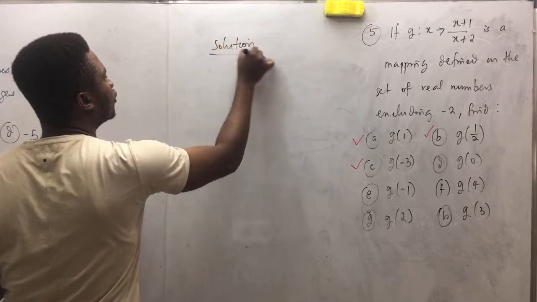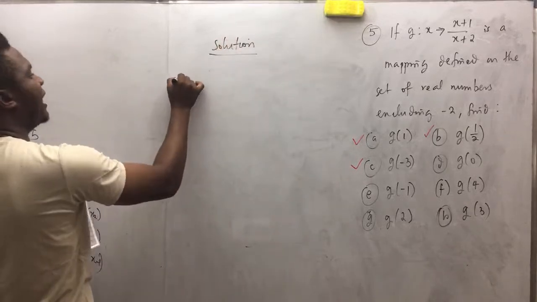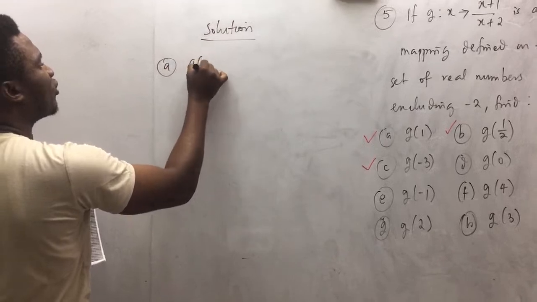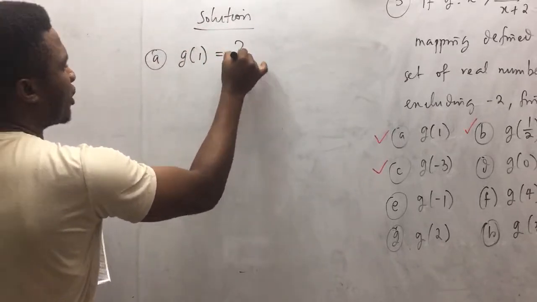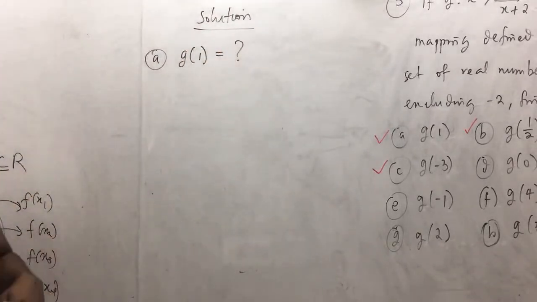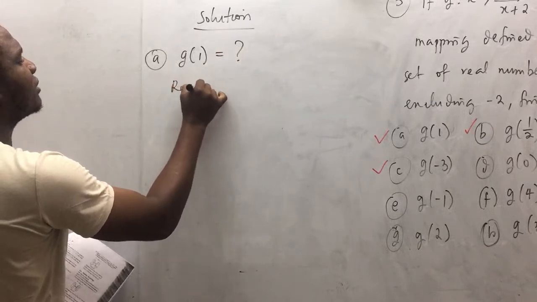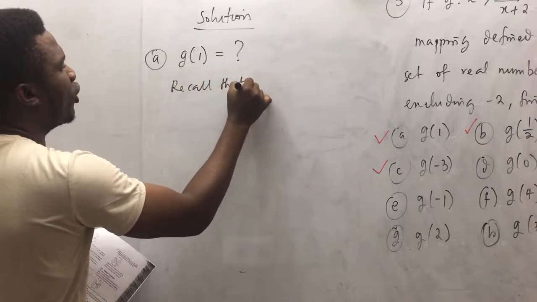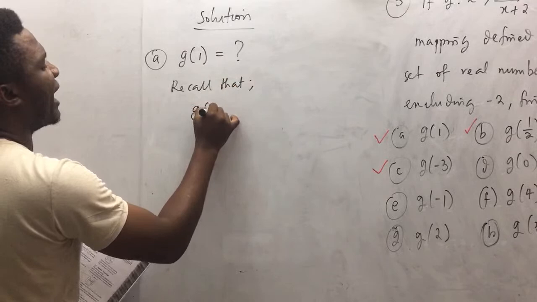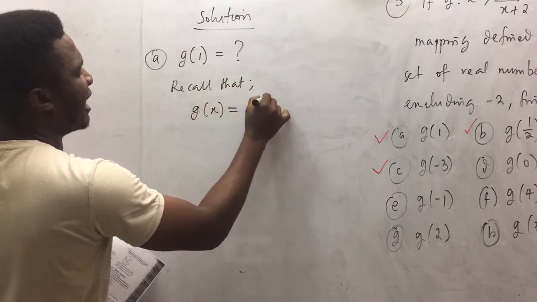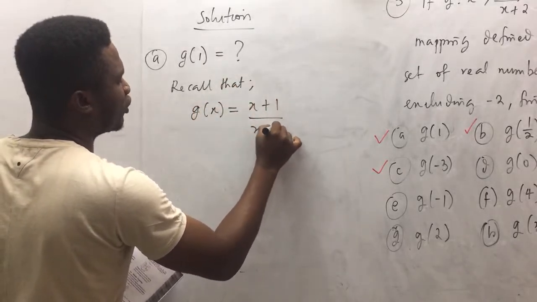Coming over to A, we are asked to find g of 1. So g of 1 is what? Recall that we've been told g of x, that is g of anything, is (x plus 1) over (x plus 2).